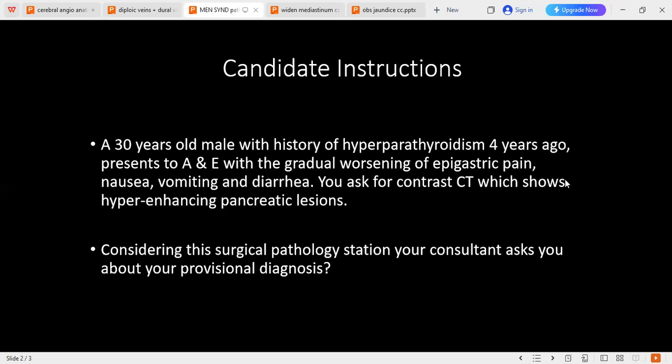Others are tumor suppressor genes like PTEN and TSC2, which cause activation of the mammalian TOR pathway, and there could also be inactivation of tumor suppressor genes of X-linked ATRX and death domain-associated protein.